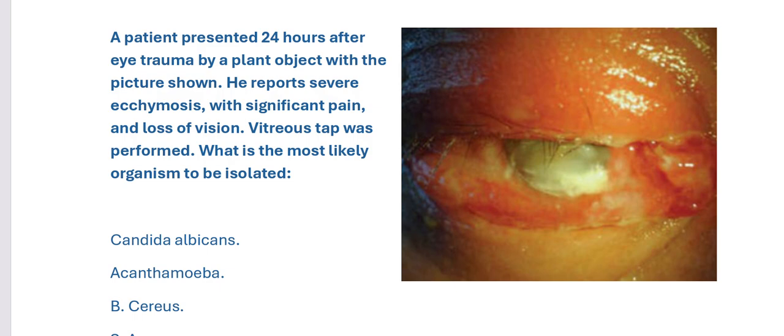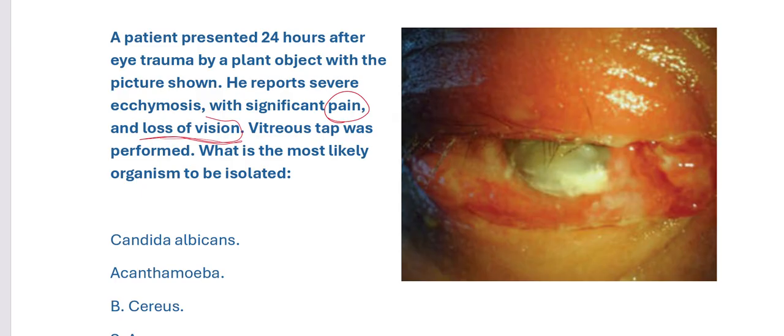If we read this question, a patient presented 24 hours after eye trauma by a blunt object, with the picture shown. He reports severe ecchymosis, eyelids are swollen, conjunctival ecchymosis, injection, significant pain, and loss of vision.